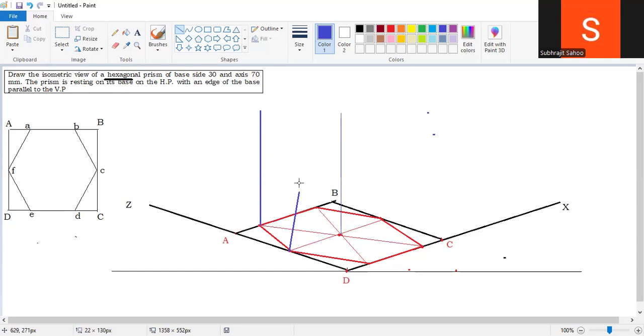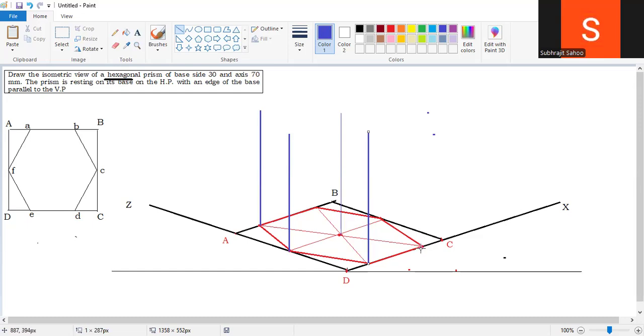From this point one line I'm drawing, 70. From this point one line I'm drawing, height is 70.